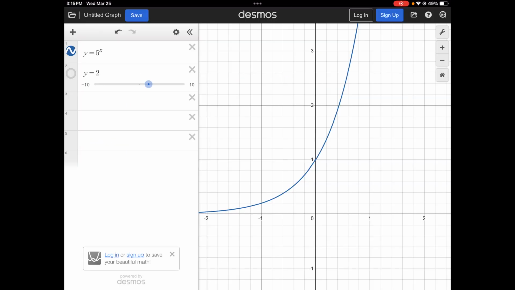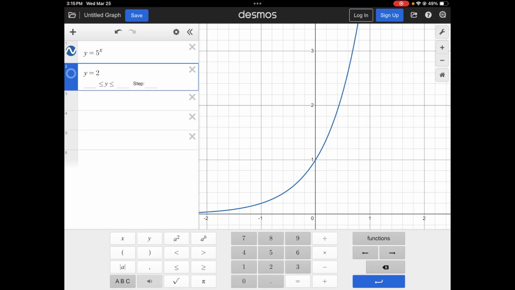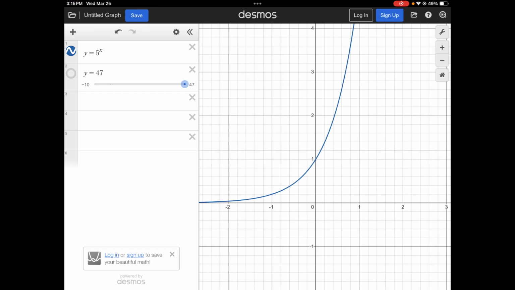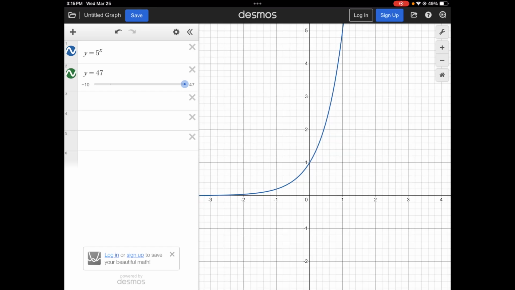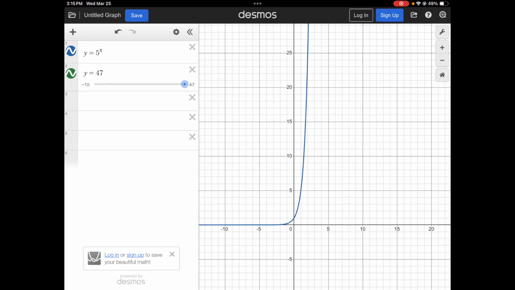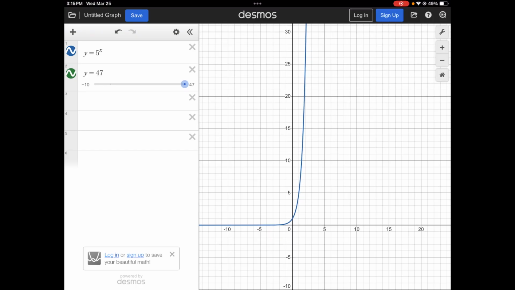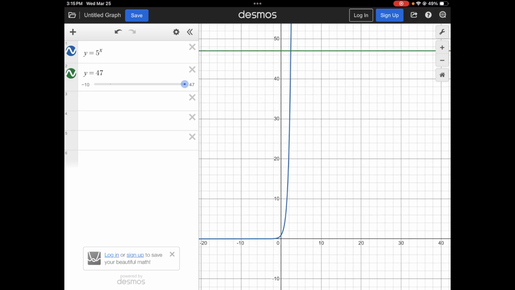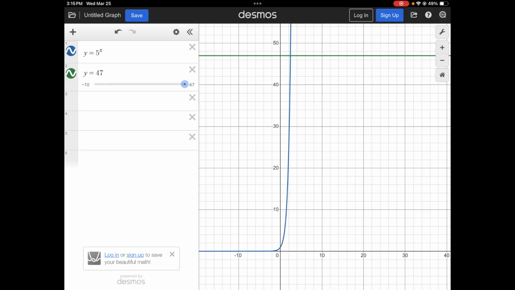Okay, so I have already put this in. I meant to change that. So we've got y equals 47. Let's draw it in. All right, here we go.